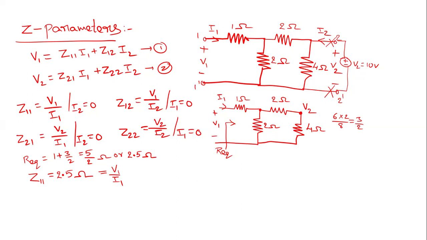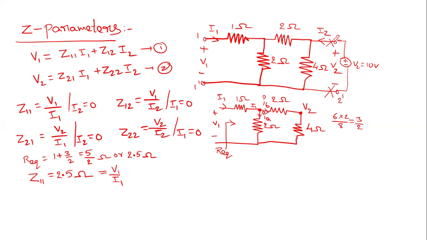Here I1 is the entering current. The 1 ohm is in the same path, so the current is the same. At this node, the entering current is I1, and the current will be divided into these branches. Let us name them IB and IA.